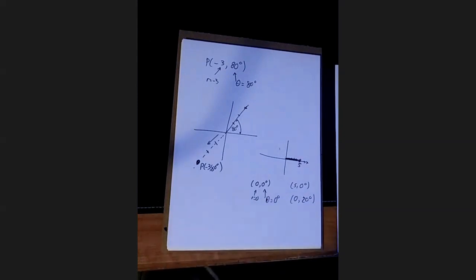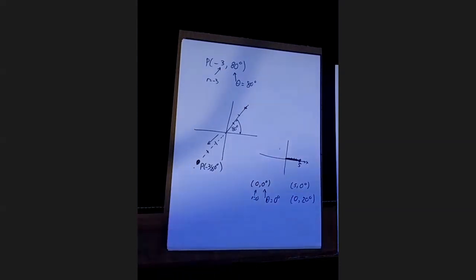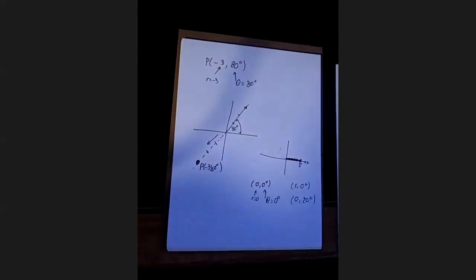What's 0, 20 degrees? Where is it? The angle's at 20, so we're not too far above the 0, really. Only 20 degrees above it. How far away from the origin do you go?